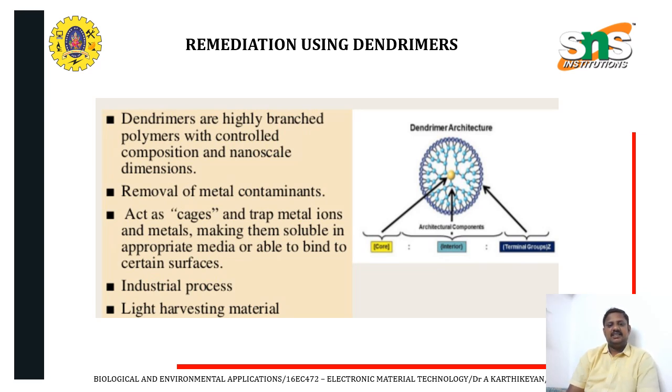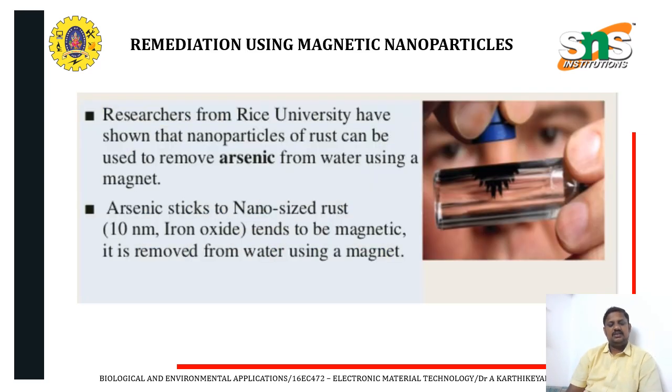Toxic cages also trap metal ions, making them soluble in aqueous media or able to bind to certain surfaces. And industrial processes are also used, and light harvesting materials are also used with metals.